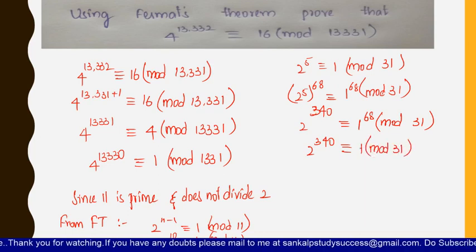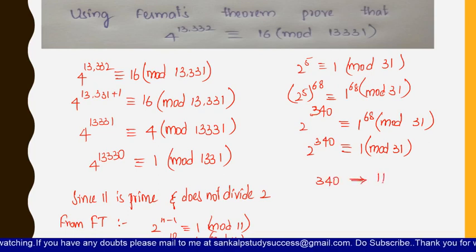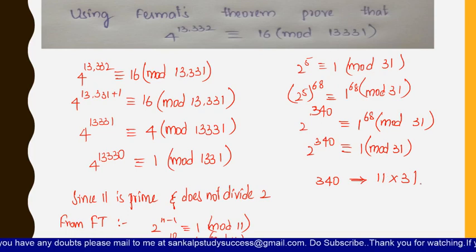So now here we got 2 to the power 340, and 340 is divisible by 11 into 31. Am I correct or not? 11 into 31 is nothing but 341, right? So 340 is divisible by 11 into 31. Okay, 2 to the power 340 minus 1 will be divisible by 11 into 31.